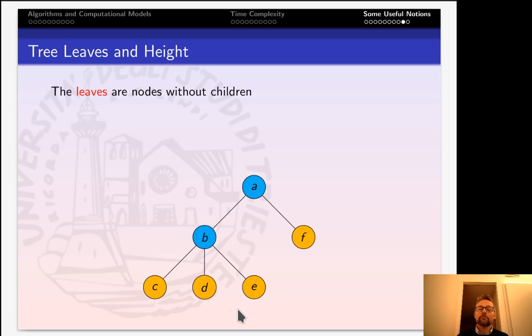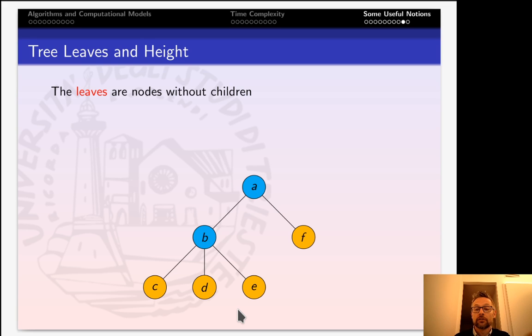Okay? Let's move on to the notions definable on graphs, and let me deal with leaves of a tree. So what's a leaf of a tree? The leaves of a tree are all those nodes which haven't any children.